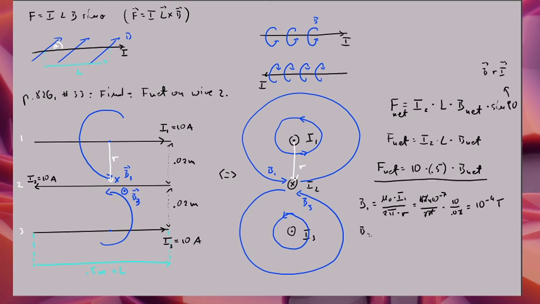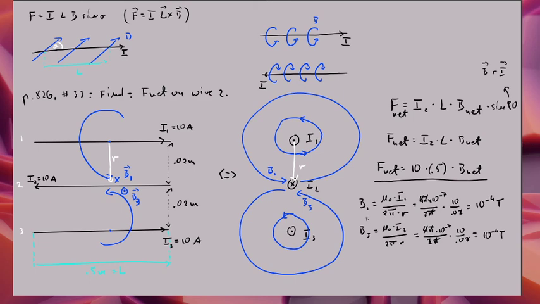B2, rather B3, the way I labeled it, would be mu naught times I3, divided by 2 pi R equals, and so this gives me 4 pi times 10 to the minus 7th over 2 pi times I3 is 10 over 0.02. And that you will see is exactly the same thing. So pi goes away, 2 and 2 goes away with 4, and I end up with the same thing. So this is 10 to the minus 4th Teslas.